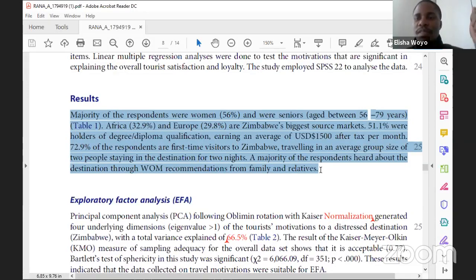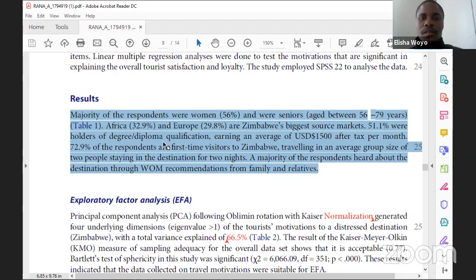So the reader would understand that I collected data from both male and female, but the majority were female, and the majority of my respondents were seniors, and the majority of them indicated that they come from Africa, followed by those that come from Europe.